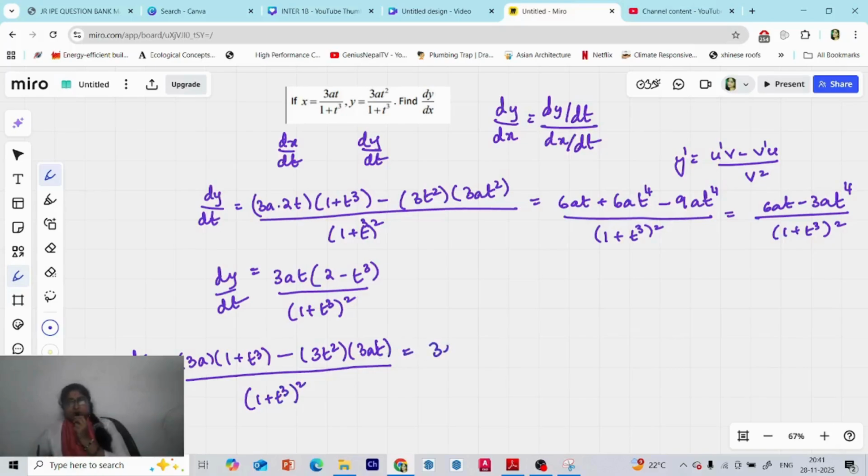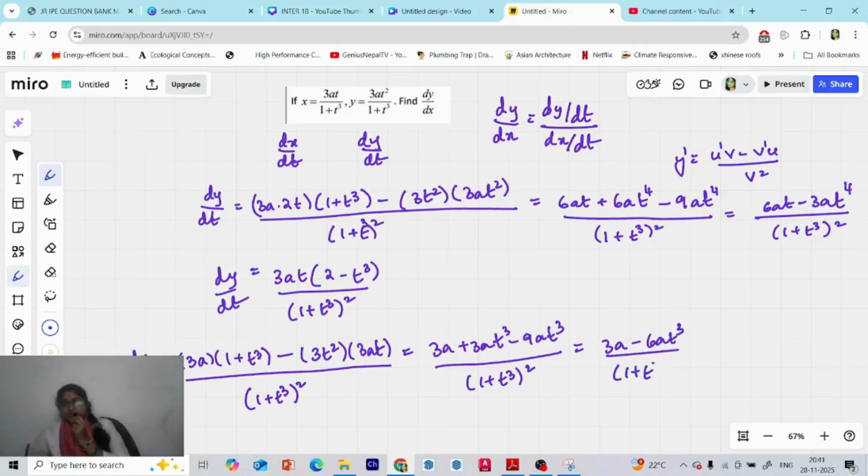So on opening the brackets, 3a plus 3at cube minus 9at cube, whole divided by 1 plus t cube whole square. So that's going to become 3a minus 6at cube by 1 plus t cube whole square. On taking out 3a common, we will be left with 3a into 1 minus 2t cube, whole divided by 1 plus t cube whole square.